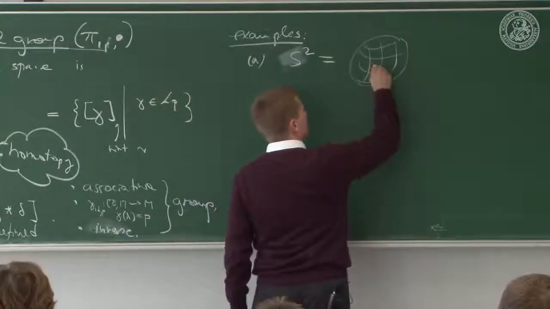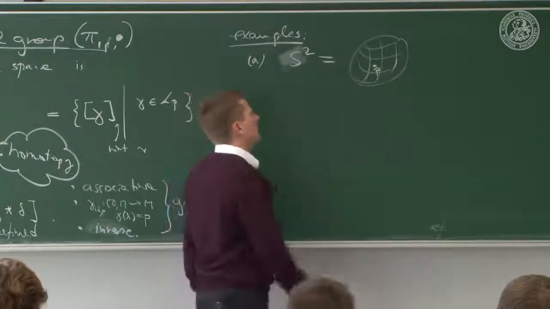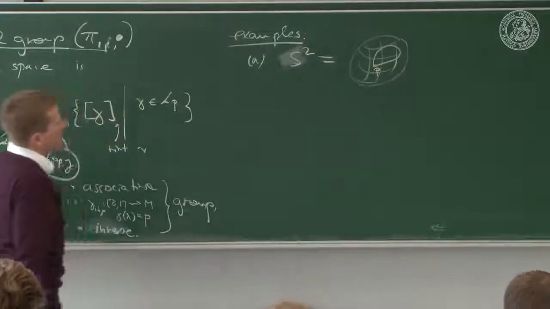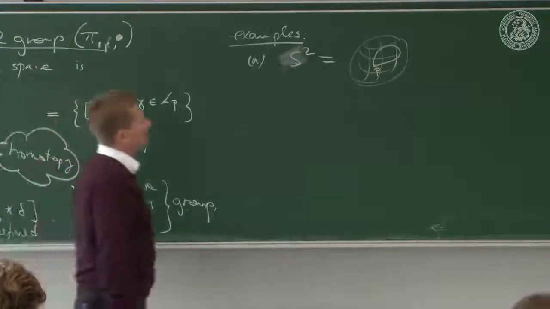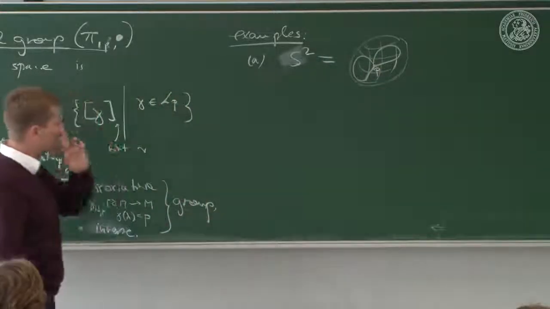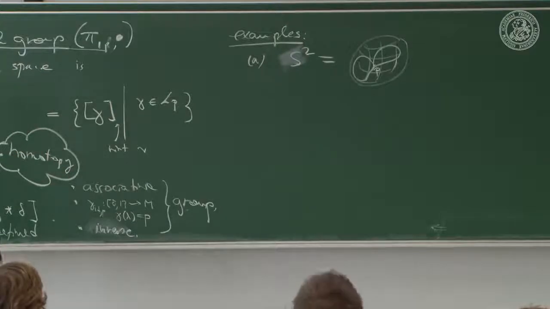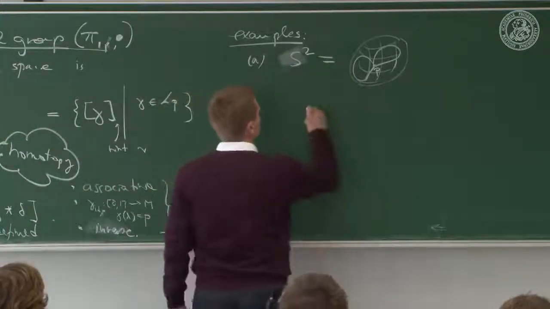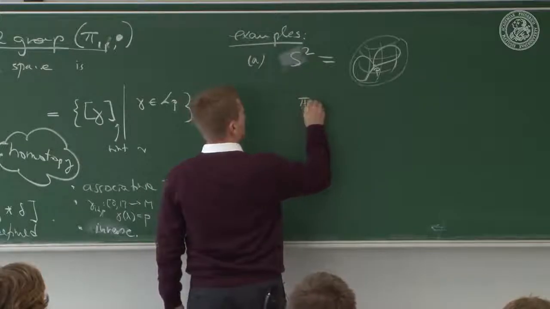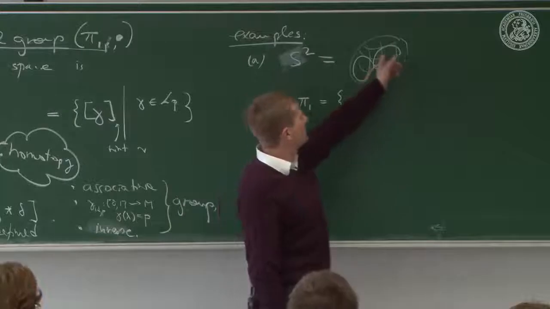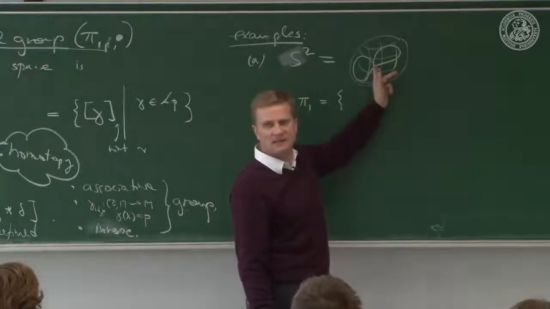Now I go to a point P, and I make a loop. How does this loop differ from any other loop I have? By differing, I mean up to homotopy. The answer is all the loops are homotopic to each other. Okay? So that means the equivalence classes, the set pi 1 consists of just one element, and in particular they're all homotopic to the identity.